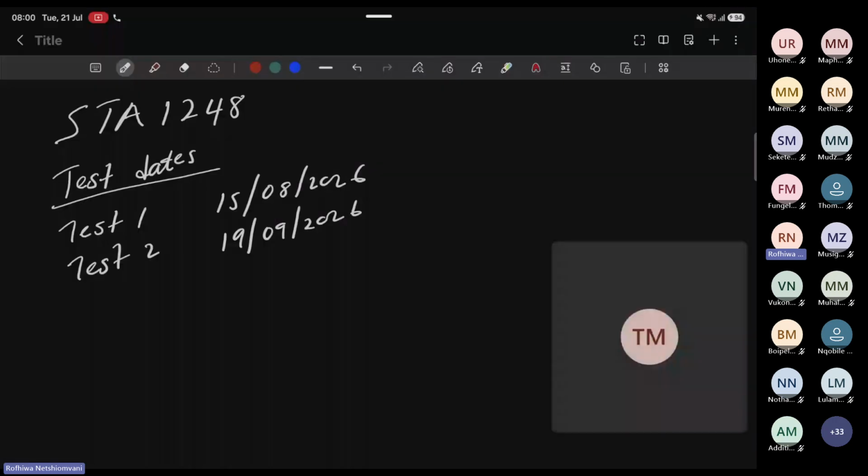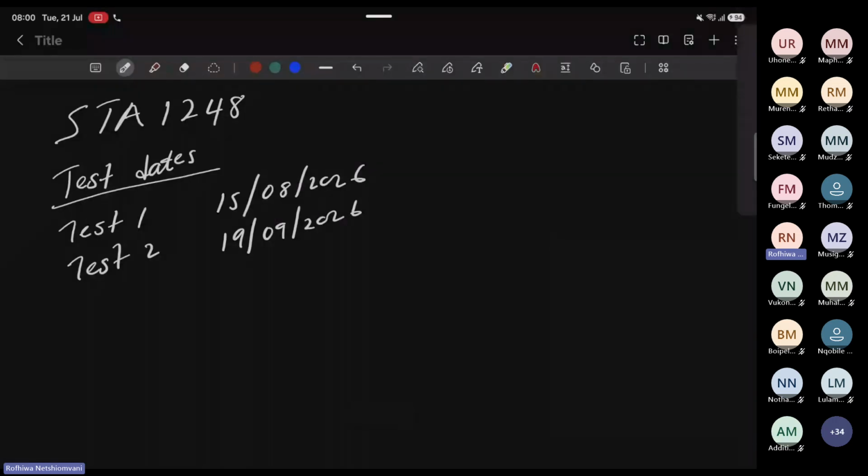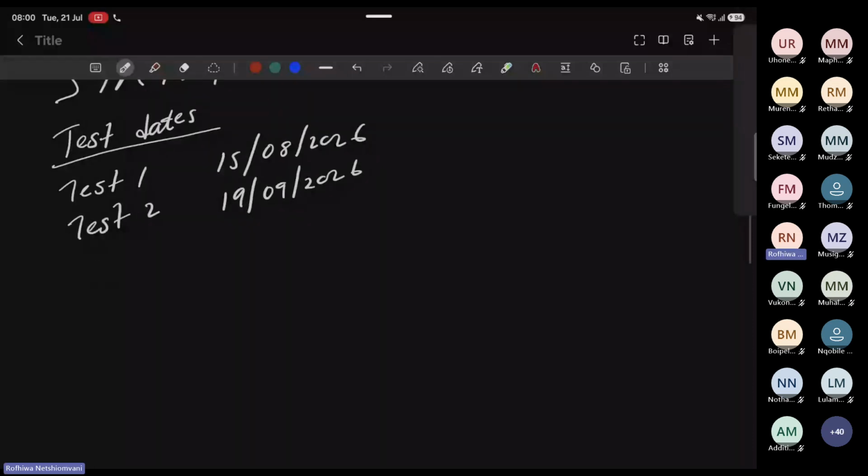So I just wanted to put this first so that you remember when it's at the test. So this is that, and then just to verify, I'm going to send Assignment 1 today, but let me verify when it is due. It's due on the, here I have 7/08, but I think we can do it a week after that so that it can be safe.